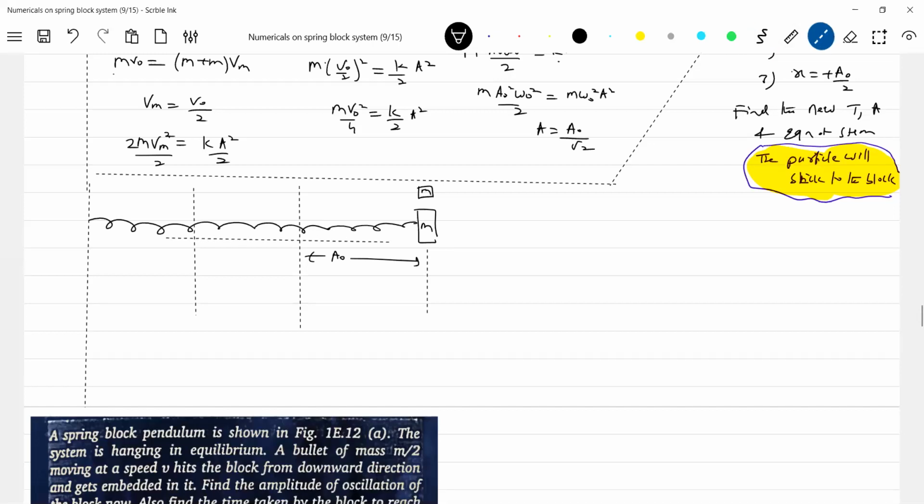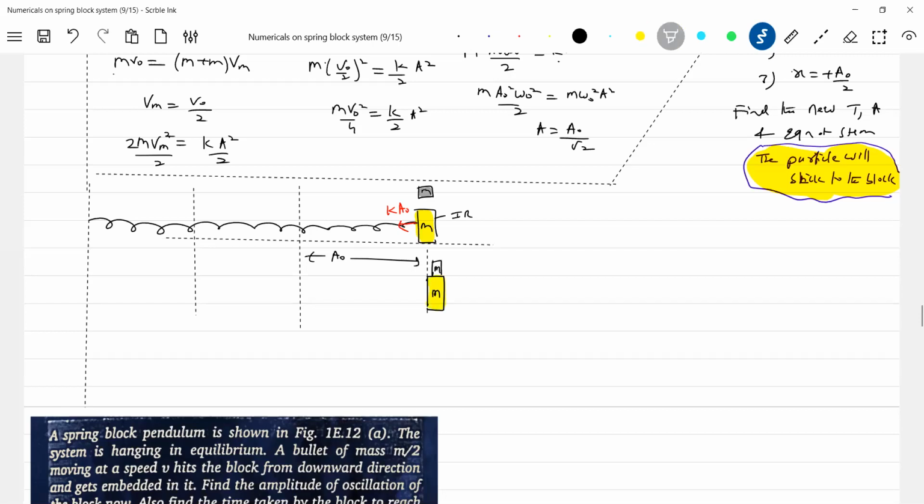It will be at instantaneous rest. What is the spring force? How much will act? K A naught. Just after adding, the mass of the system will become 2m.